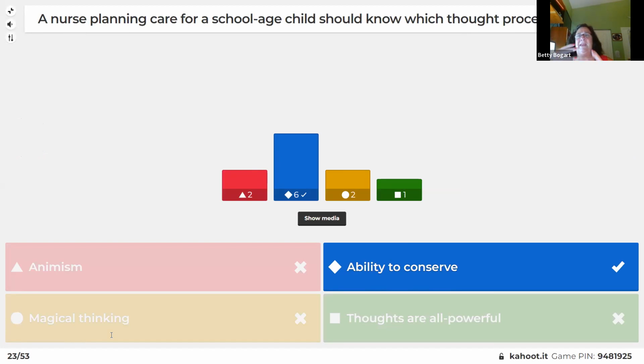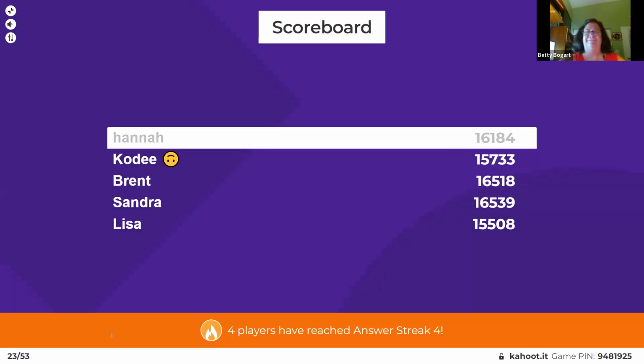They know what they need to have, so they plan for it, whether it's the milk, whether it's little Debbie's cake, whether it's making sure they have enough uniforms for the week, whatever it is, they can conserve it. Magical thinking is your preschoolers, and animism, and thoughts are all powerful.